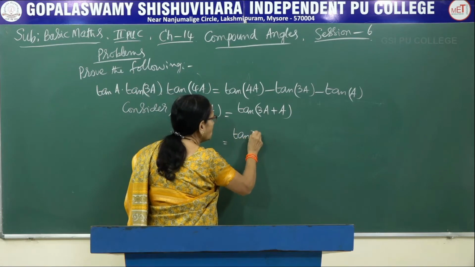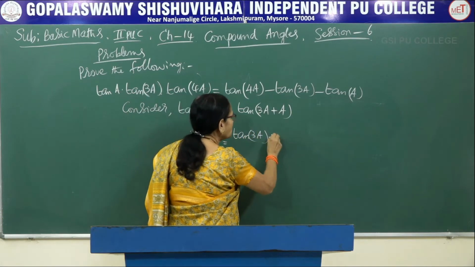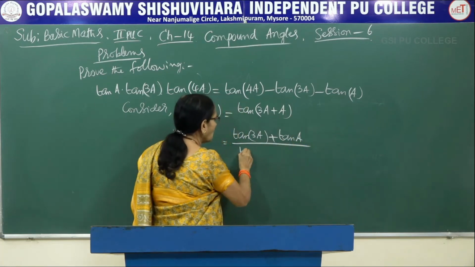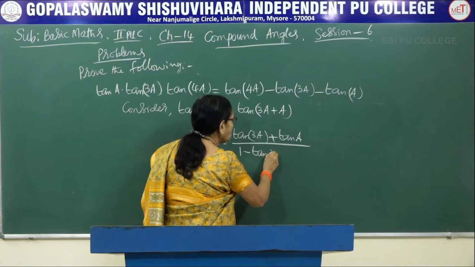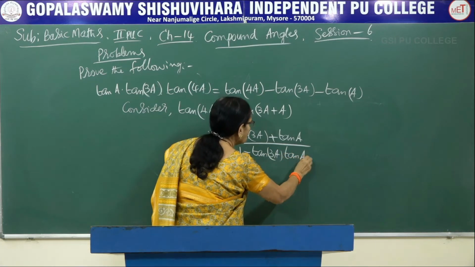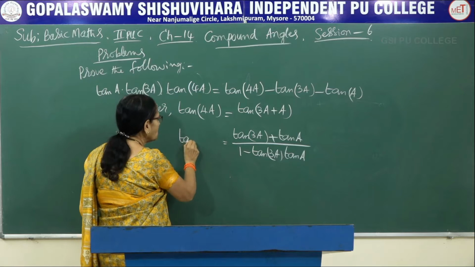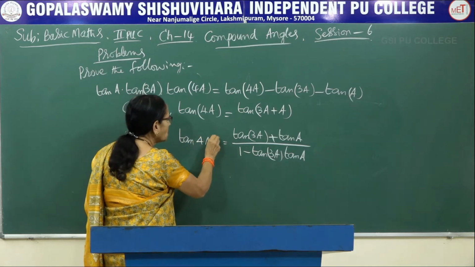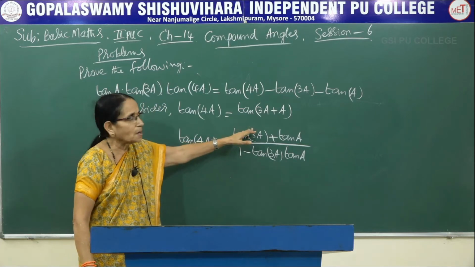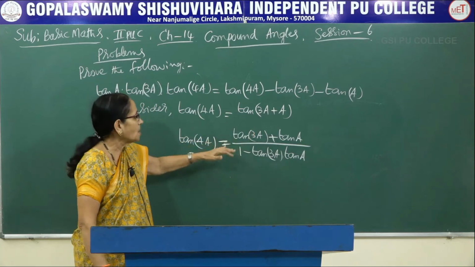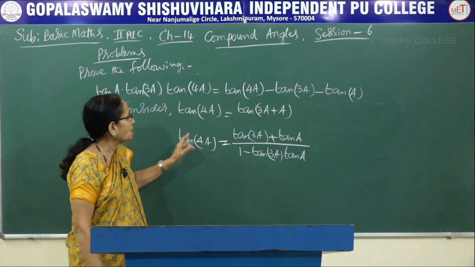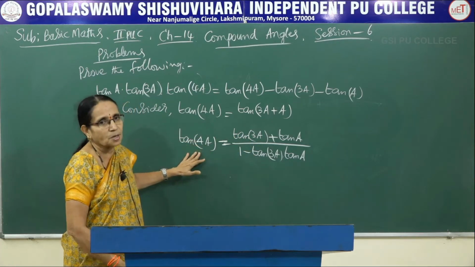It is tan A plus tan B divided by 1 minus tan A into tan B. So what was the left hand side? Left hand side was tan of 4A. I had split that as 3A plus 1A, and applied the formula tan of A plus B on the right hand side. Now the left hand side I have kept as it is.